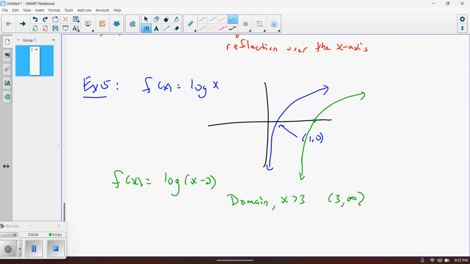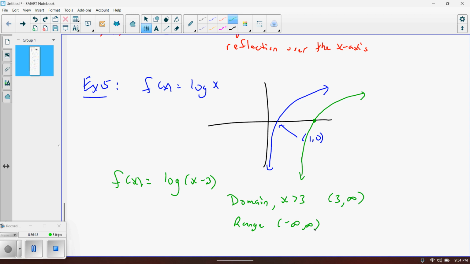And notice that I did not include the 3. It's a parenthesis, not a closed bracket, because 3 cannot be included. And the range, if you look at the graph, the range of all these log functions is always going to be all real numbers, negative infinity to infinity.